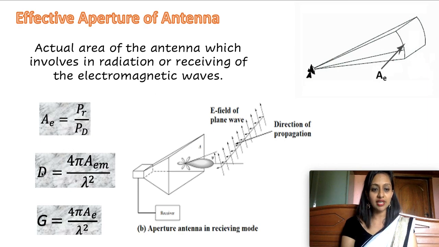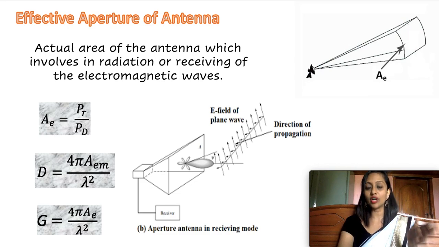So this gives me the directivity. What is the relation between gain and directivity with respect to aperture? When I'm taking the ideal case, which is directivity, I get the maximum effective aperture. When I consider the practical case, I only consider the effective aperture. In this, since there are n number of losses, maybe the antenna is not perfectly matched to the source impedance.